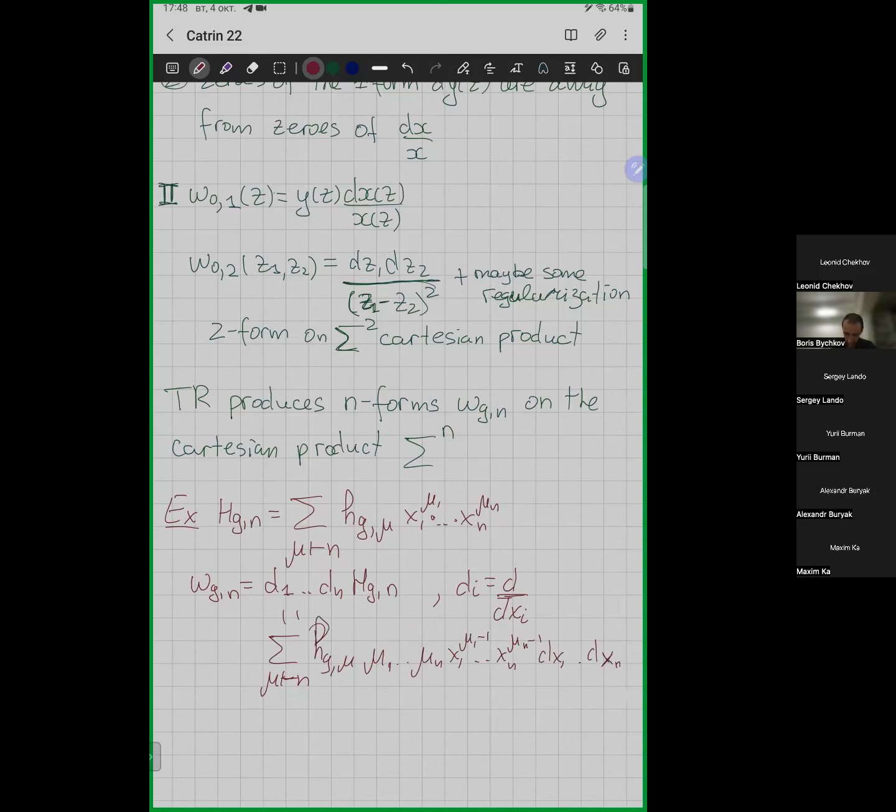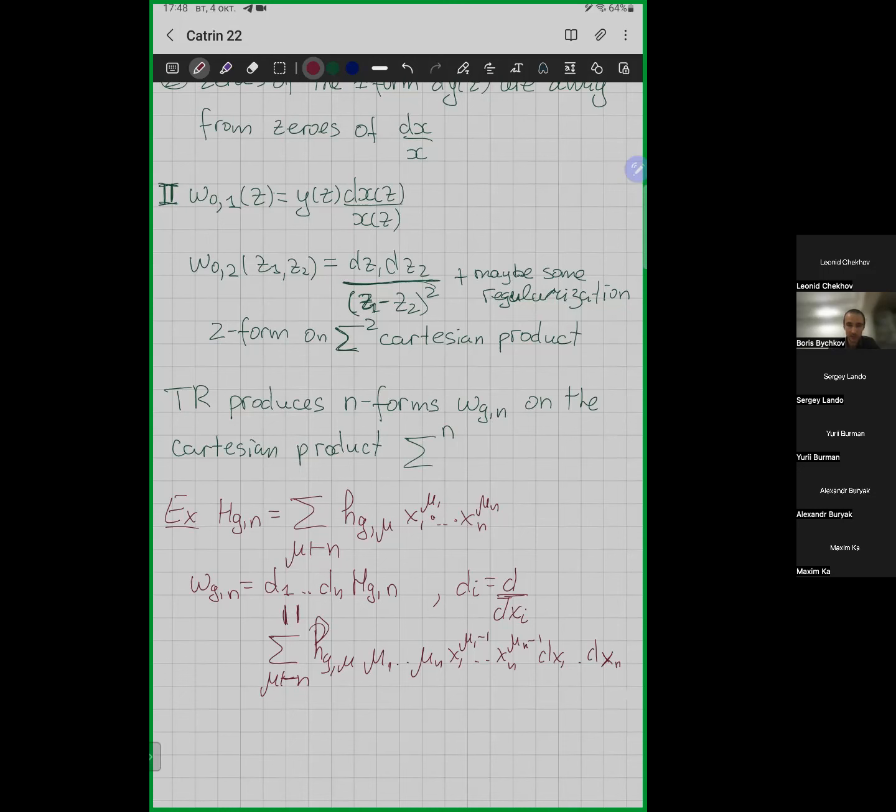So it's like a formal differentiation over each coordinate. And these omega_{g,n} are produced by topological recursion, starting with the first term.